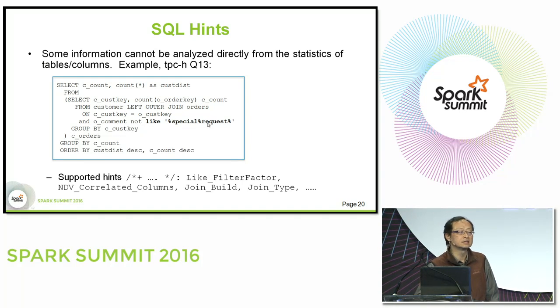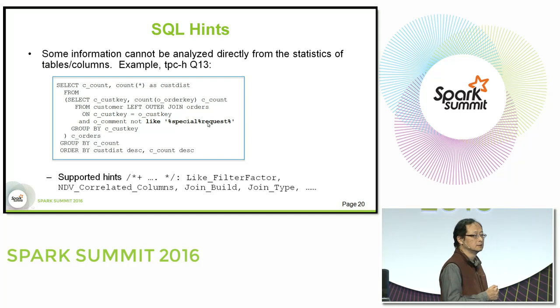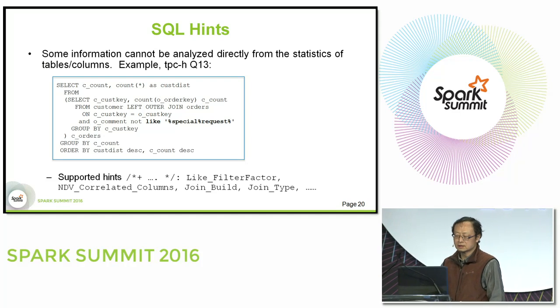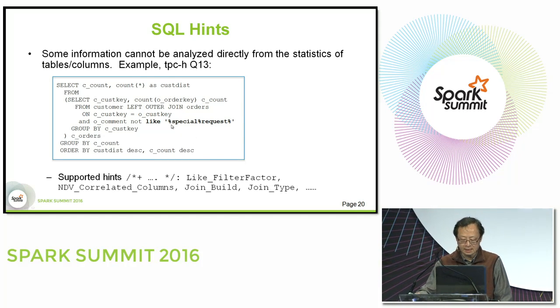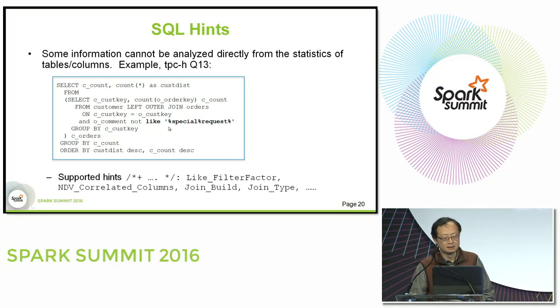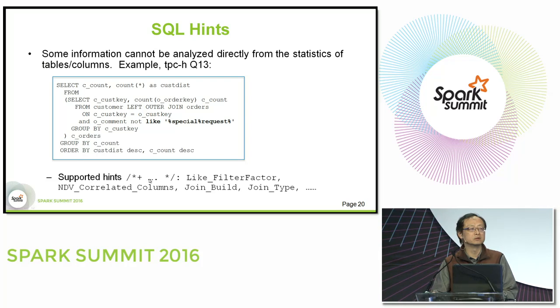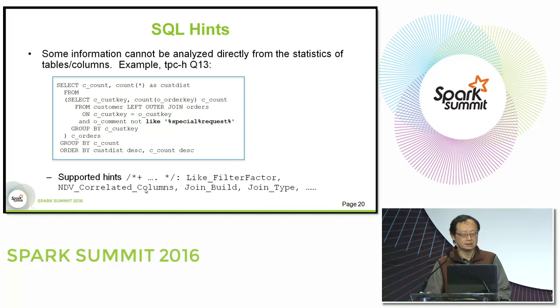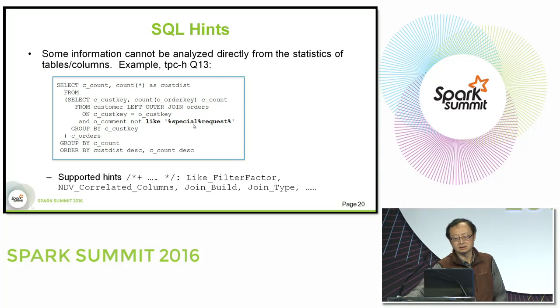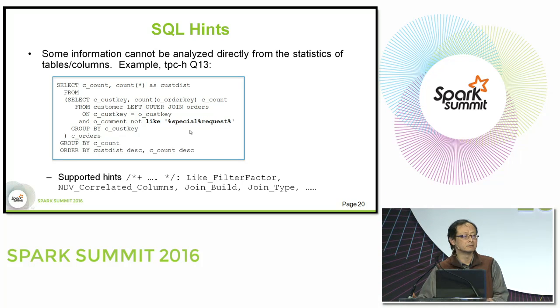The string pattern can be a regular expression. If there's no % sign at the beginning, then the string begins with something, and that is easier to find statistics for. But with a regular expression like this, it's very difficult to figure out its statistics.